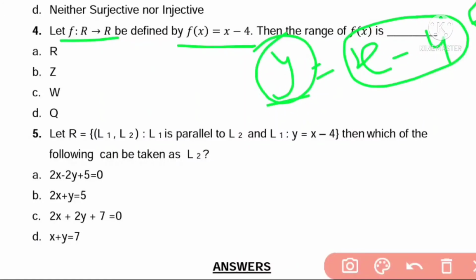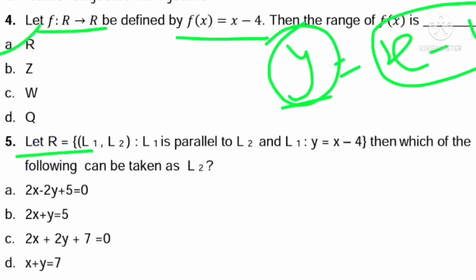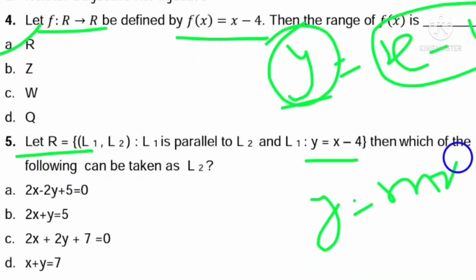Look here, this fifth question, R = {(L1, L2): L1 is parallel to L2}, and this line is given to you. L1 belongs to y = x - 4. Here we have the formula y = mx + c, and by this formula m is the slope of the line, and if the slopes of lines are equal, the lines are parallel, means here slope m is 1.